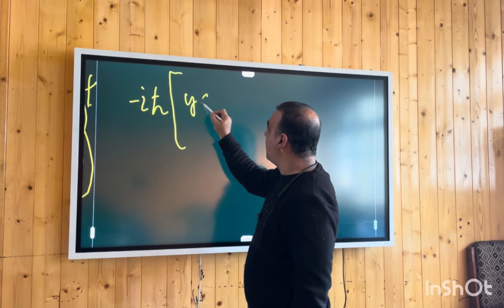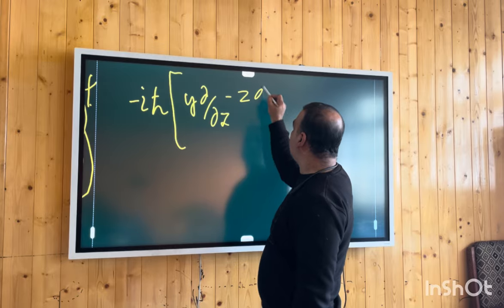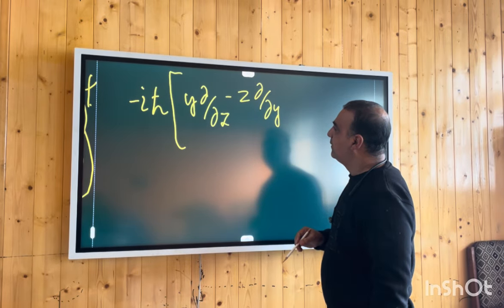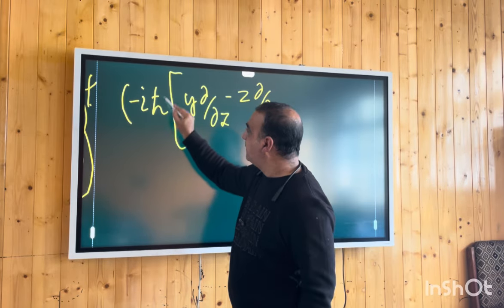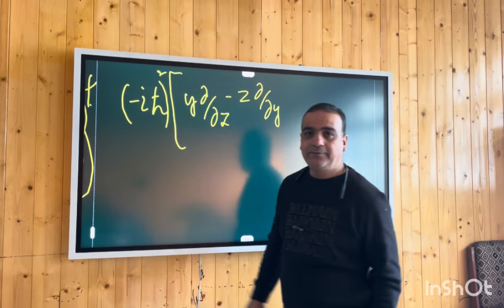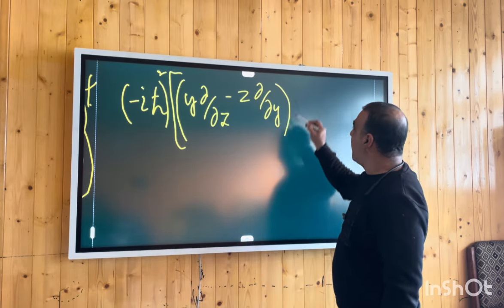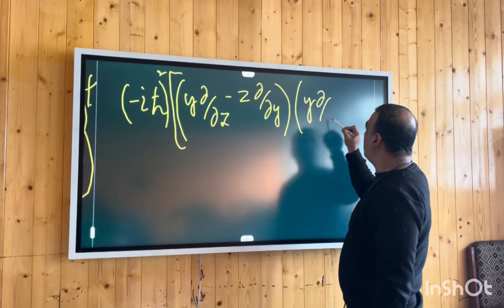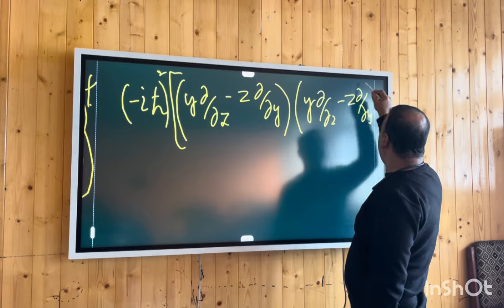That is y ∂/∂z minus z ∂/∂y. Would it be only minus i h bar or the square of it? It should be the square of it, because you will have it two times here. So here and here, again you will be writing y ∂/∂z minus z ∂/∂y.